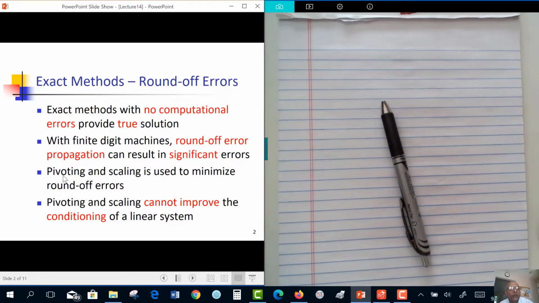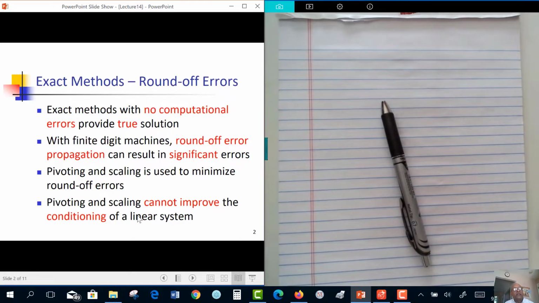So what we do is use something called pivoting, which is like row exchanges or column exchanges, and scaling, which is like normalizing, very similar to what you did to determine conditioning of a matrix. We do this to minimize round off errors.